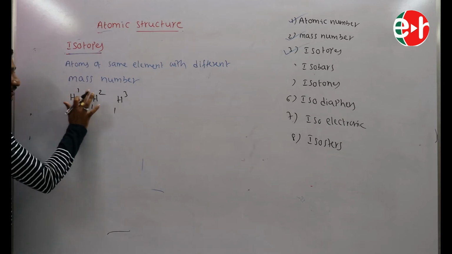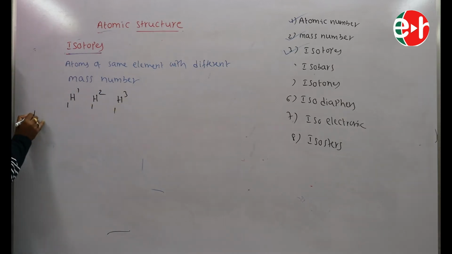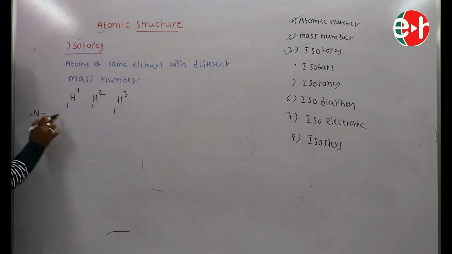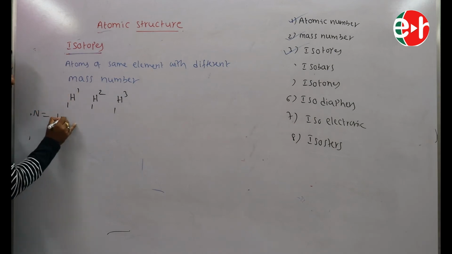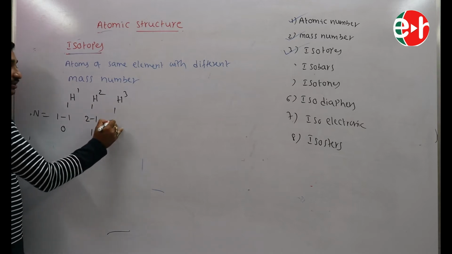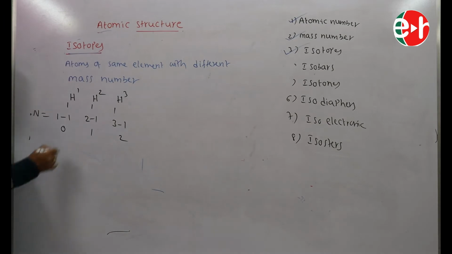Here the mass number is 1, mass number 2, mass number 3. So how to find the number of neutrons for these isotopes? Number of neutrons N is equal to mass number minus atomic number. Mass number 1, atomic number 1, that gives 0; 2 minus 1 is 1; 3 minus 1 is 2.